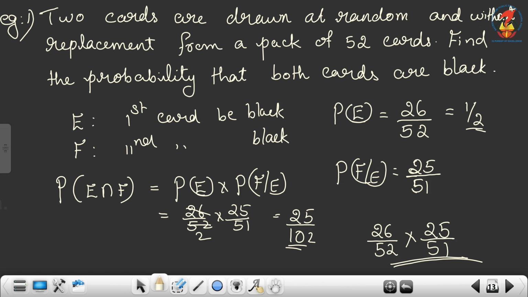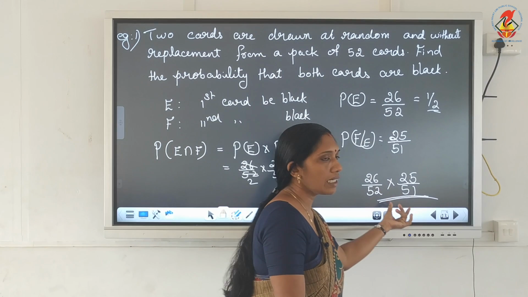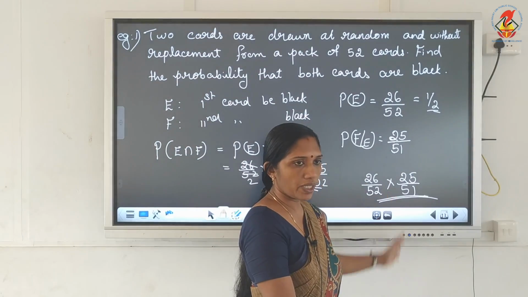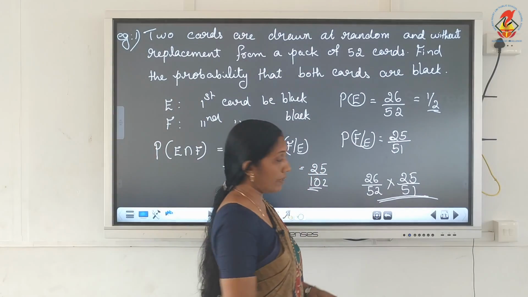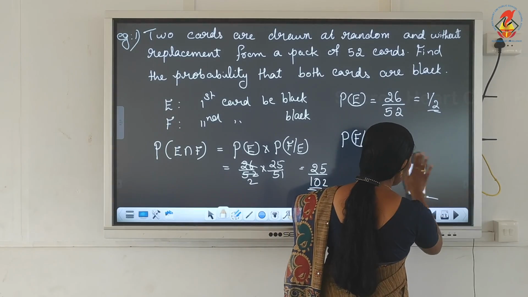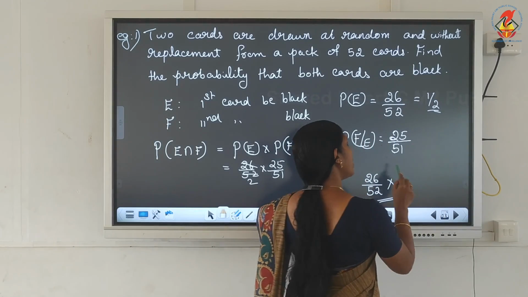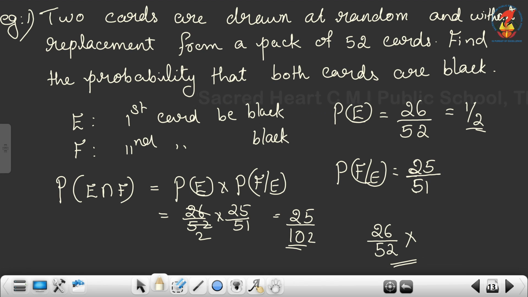This is also correct, children. This is using the multiplication theorem on probability; otherwise, directly you can write, no problem. Understood? And if it is with replacement, then again there are 26 black cards and 52 cards, so the second probability is also the same, 26 by 52.